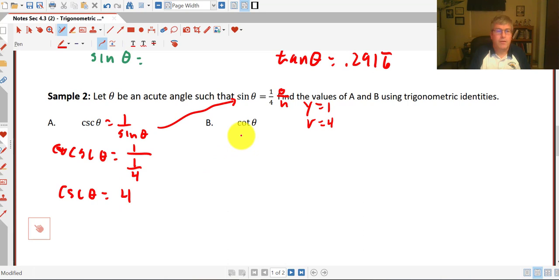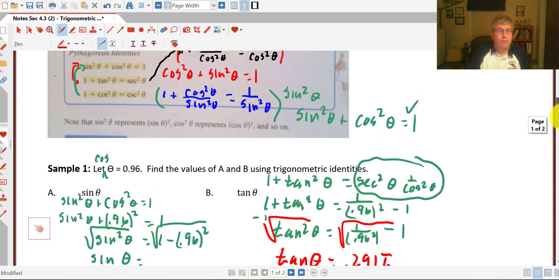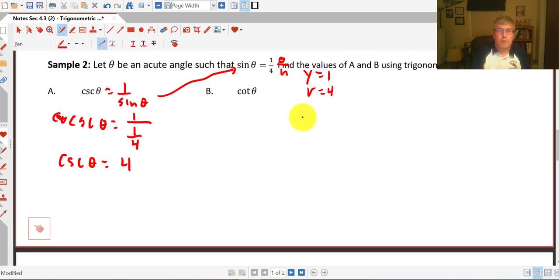Then they ask us to find the cotangent of theta. So I have a Pythagorean identity that involves the cotangent. So I'm going to grab that. That's 1 plus the cotangent squared of theta equals the cosecant squared of theta. I have sine, but I also have the cosecant that I got from my previous problem.